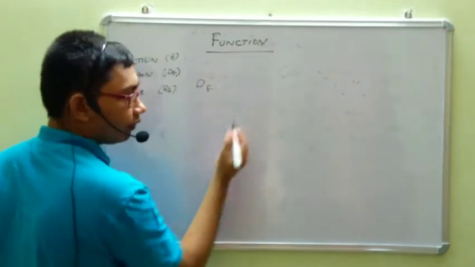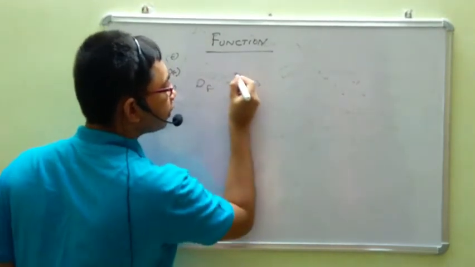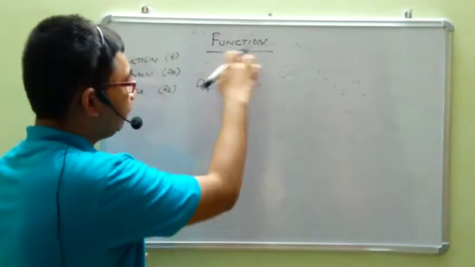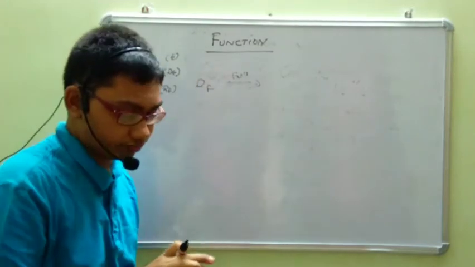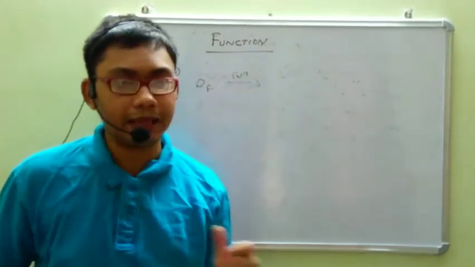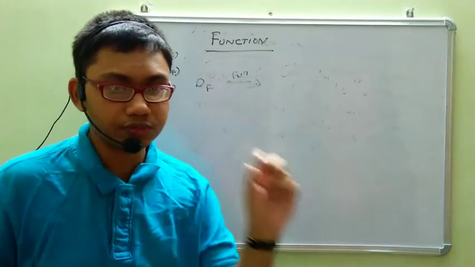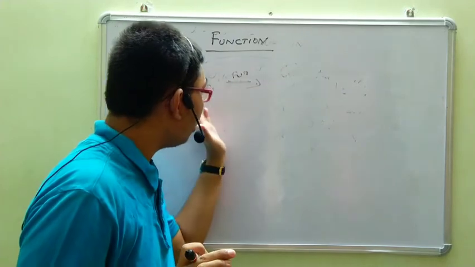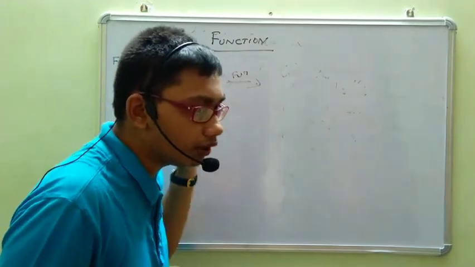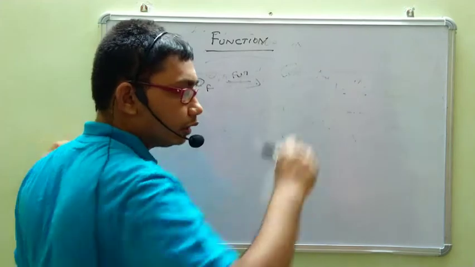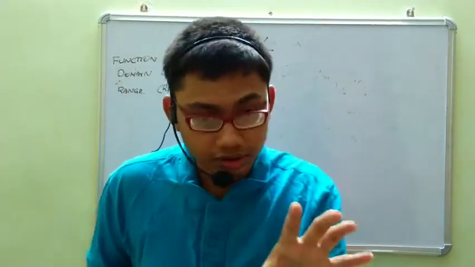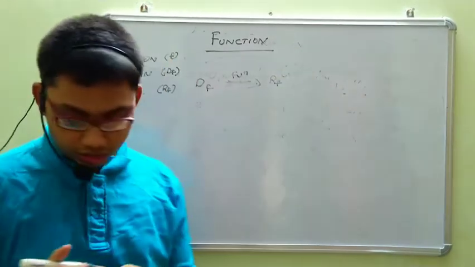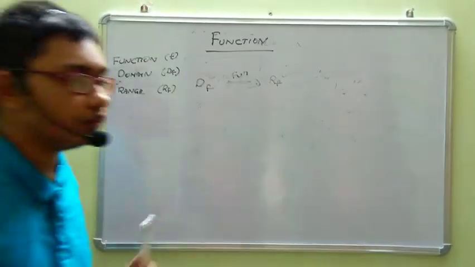Like we denote sets by A, B, C, D, we are denoting functions by f, g, small letters, not capital. Upon performing this function on a given domain, we will get a set of values, the output set. That output set is called the range of the function.